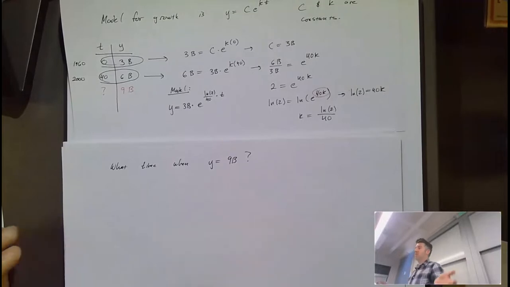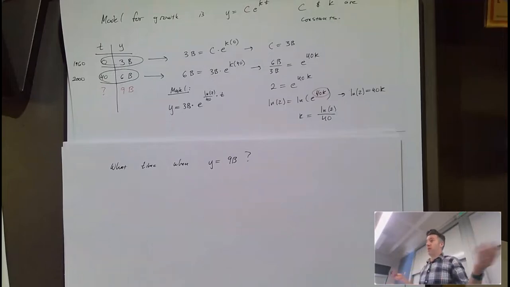And really with exponential growth and decay problems, those are kind of the only questions you can usually ask is, how much stuff is there at a certain time? So like if I told you in 20 years, what's the population? Be like, okay, plug in t equals 20, whatever. Or I can ask, what time is it when the population is such a value, right? I can either ask how much stuff you've got at a certain time, or what time is it when you've got so much stuff.